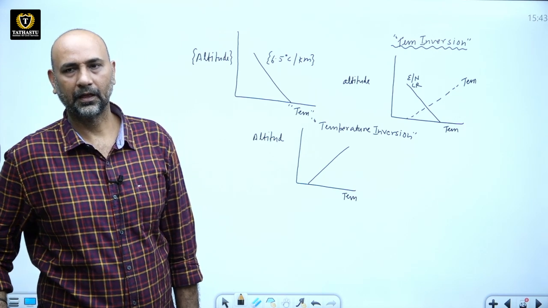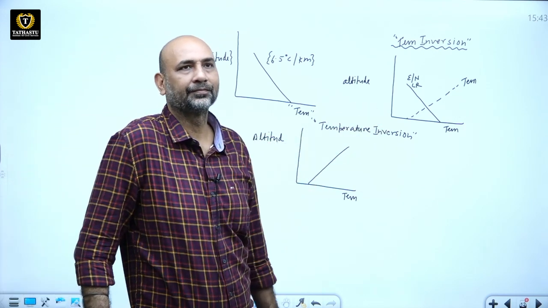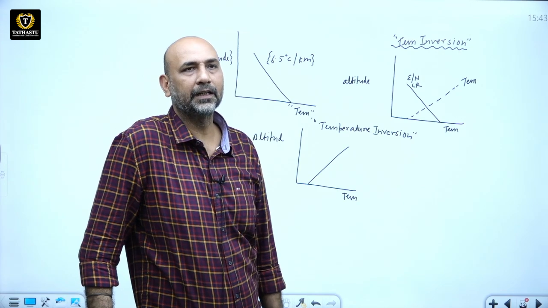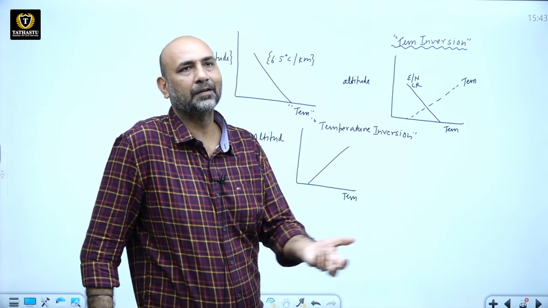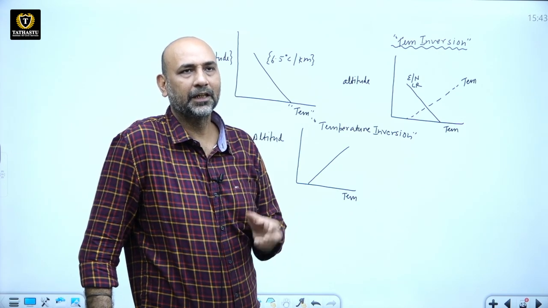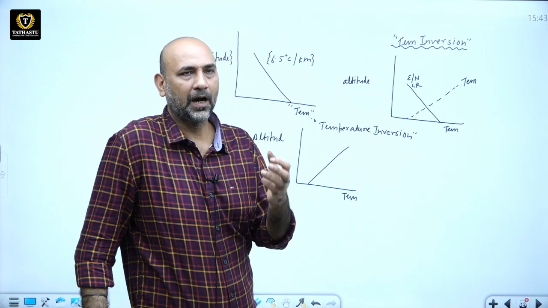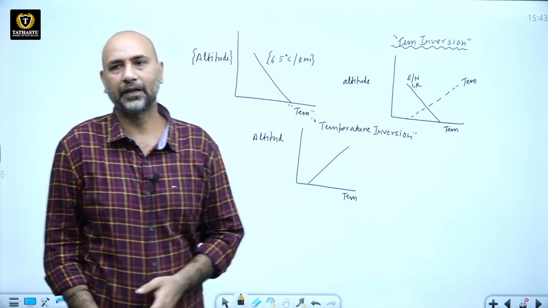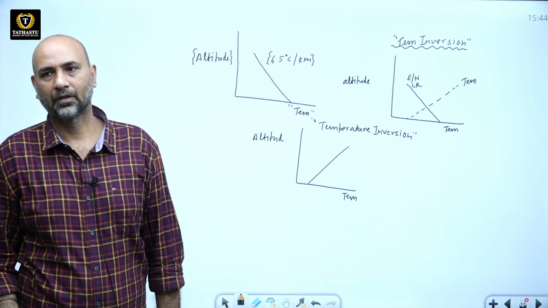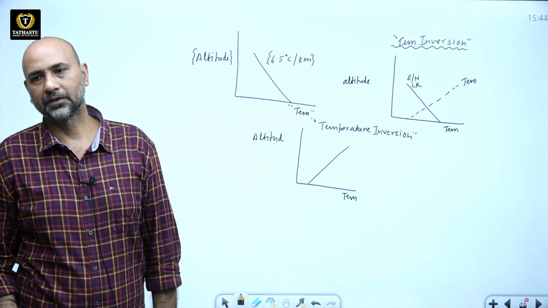Okay? It is not a general situation. Means temperature inversion is not a normal situation in the atmosphere. It is produced in very specific, particular surface and atmospheric conditions, which we need to explain. Types of temperature inversion.